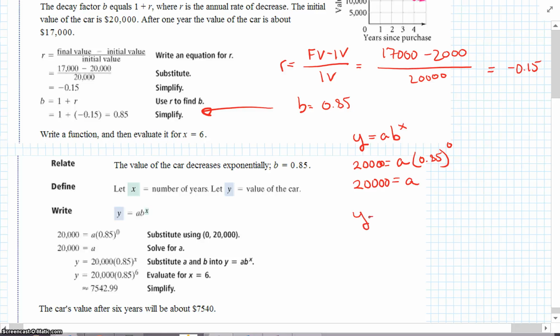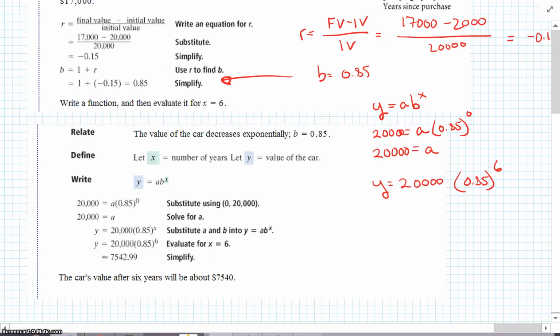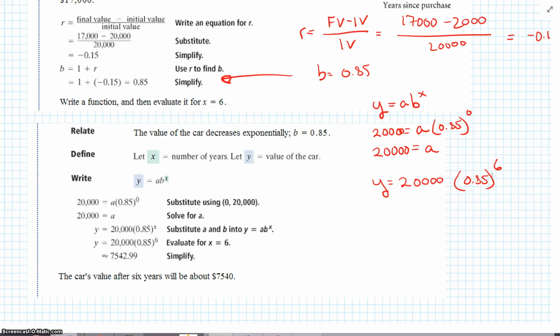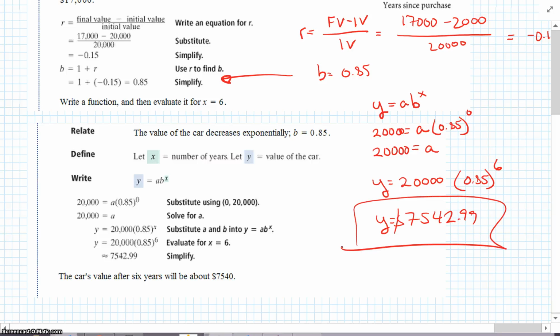So we can say y equals 20,000 times 0.85 to the x power, which they want us to solve for 6. So now just plug that in your calculator, and you're going to get y equals $7,542.99. All right, so after 6 years, that $20,000 car is only going to be worth $7,500.